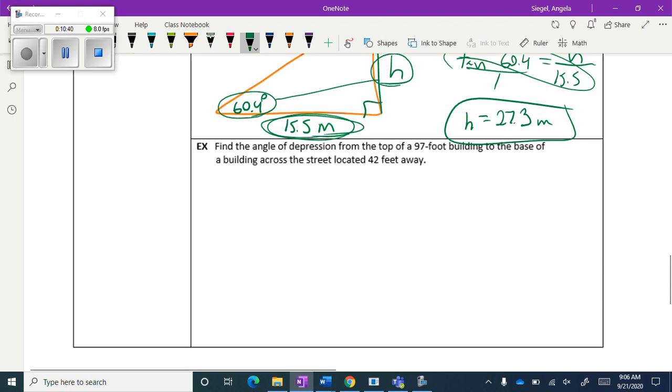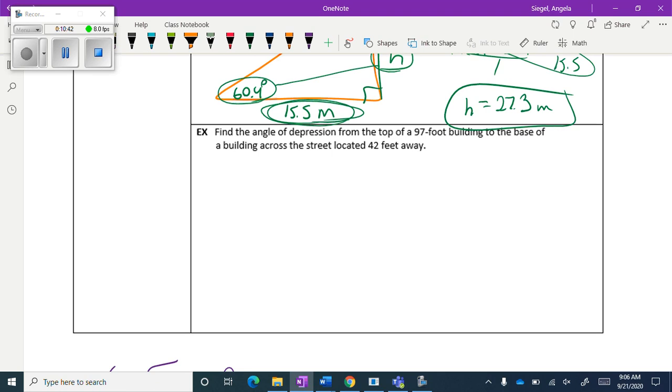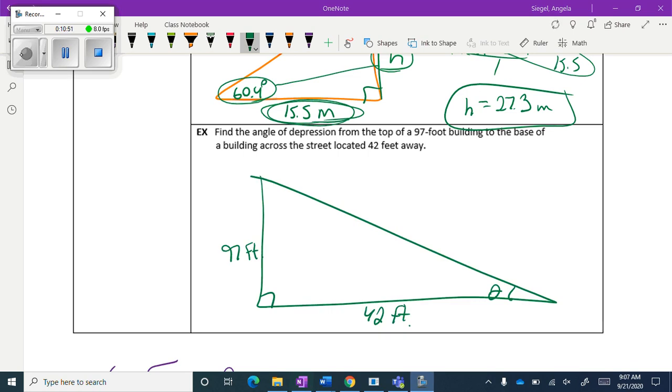Okay, this one is an angle of depression. I want to encourage you to look at it as an angle of elevation problem. So see what you can do with that. So this is how this problem would look from an angle of elevation. I'm just looking at it from the perspective of the building across the street, 42 feet away.